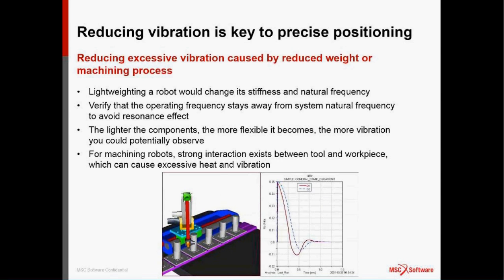If you try to increase the speed of your tooling or machining process, that will also cause excessive heat and vibration, which will definitely affect your system performance and also the precision of your machine. So how can we address those problems using Adams?